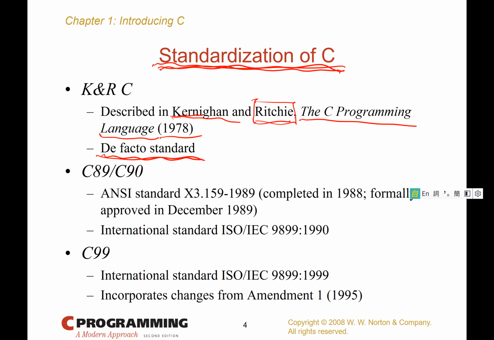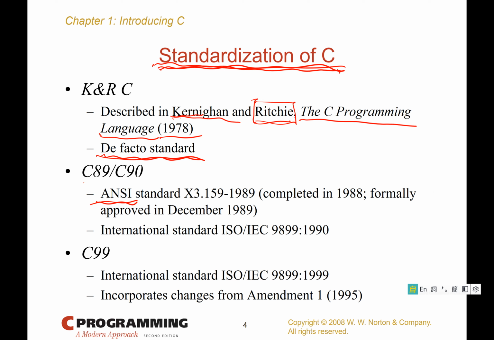And then we have a standard, ANSI, which stands for American National Standards Institute, just like Taiwan's national standards bureau. It sets standards for many things, including height, weight, and everything. Also, for computers in so many applications, they also set a standard for the C language.